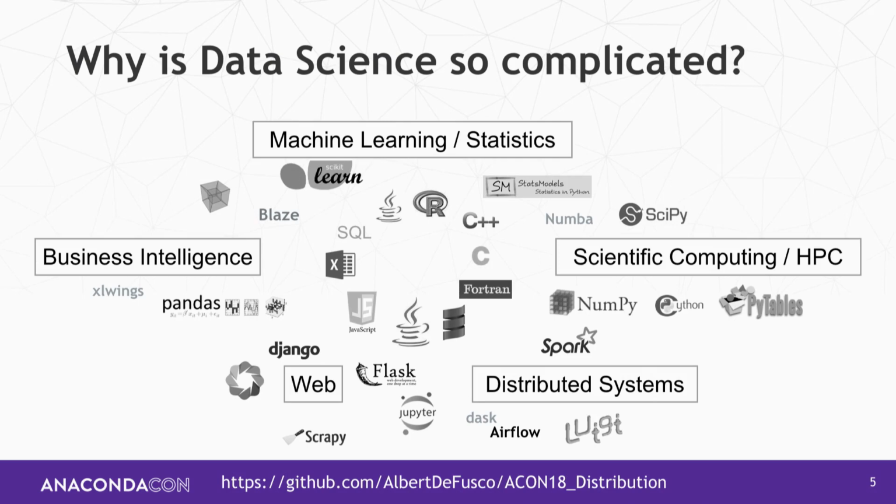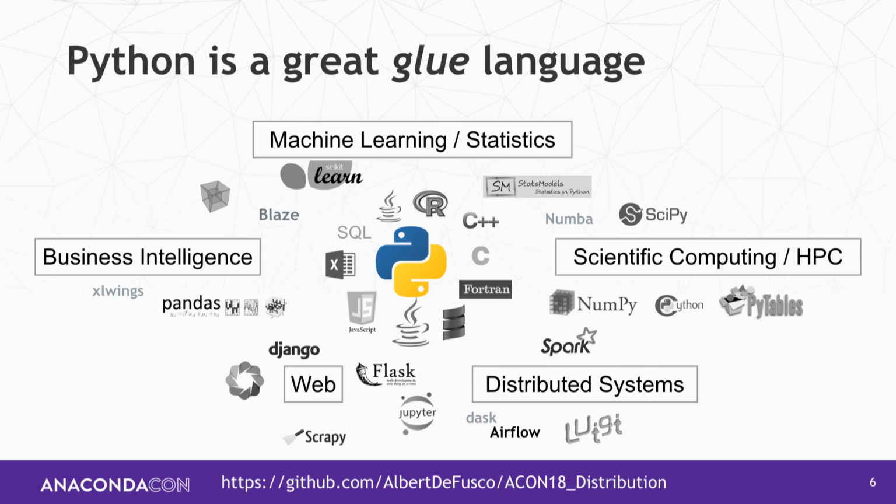And the goal of Anaconda is that Python is a great glue language between all of these fields. We'll see a few examples where we can think of Python as the center of our data science ecosystem. We want to find a way in Python to leverage really fast Fortran code. We want to find a way to deliver and serve a web API or a nice plot.